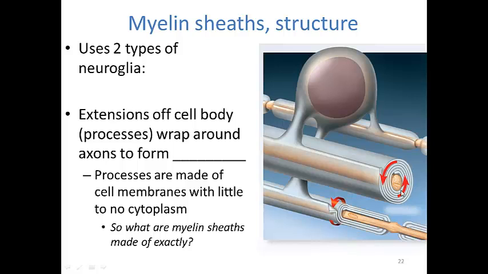This wrapped up area is the myelin sheath. So really all we have here is cell membrane wrapping around an axon. Cell membranes, if you recall, are mostly made of phospholipids.